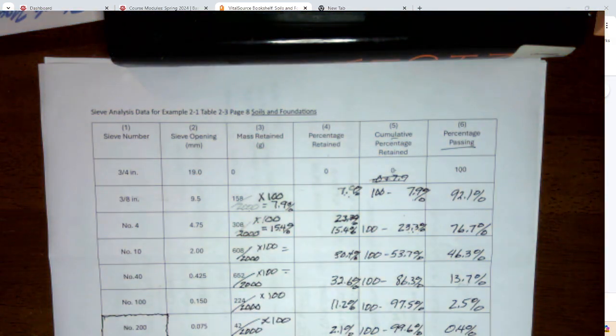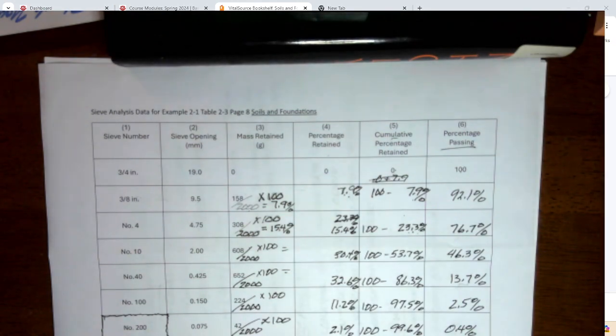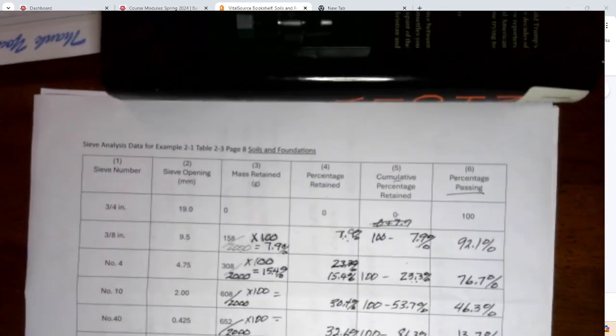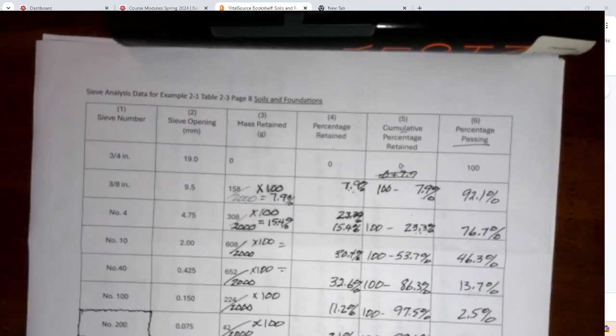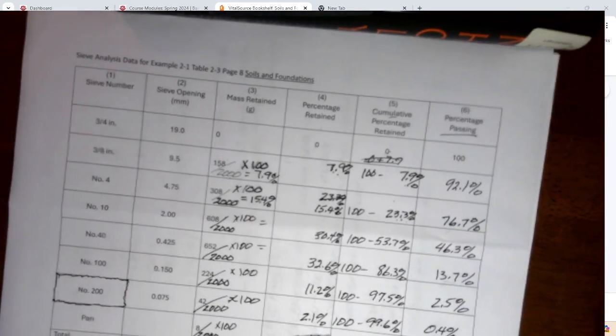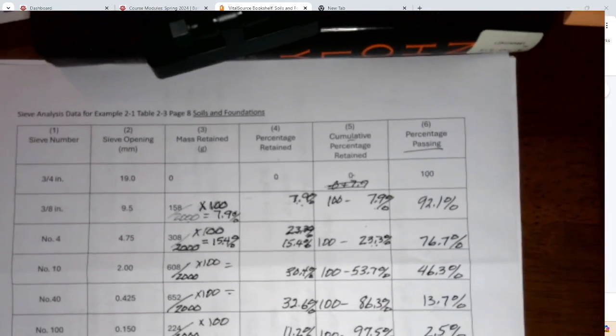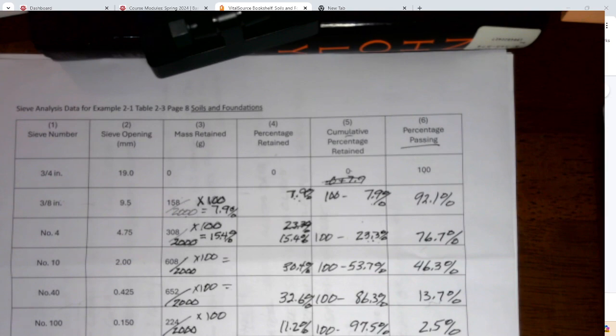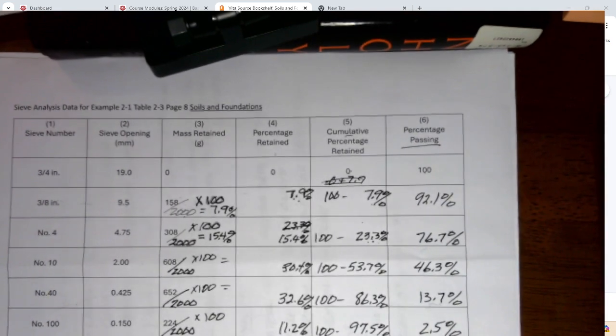Let's see if I can move this out of the way, and we can still see it. I don't want to fool around with this a whole lot. I think that's probably as good as we're going to get. There we go. That's probably good enough.